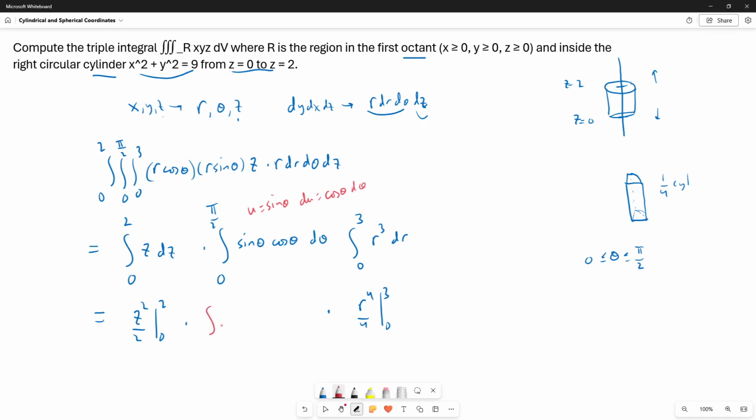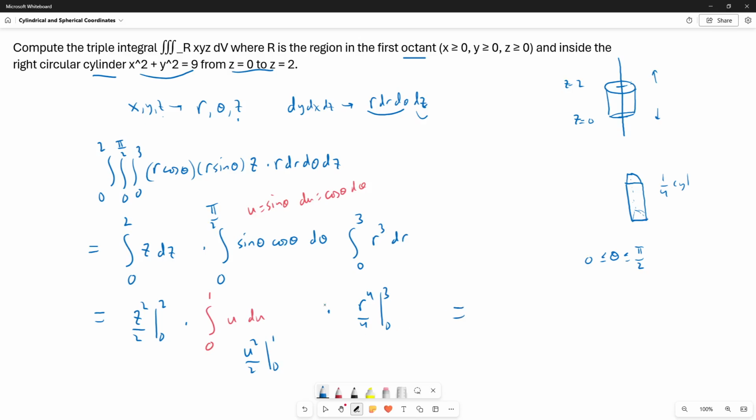So this one will turn into the integral of u du. When theta is 0, u is the sine of 0, which is 0, and when theta is pi over 2, u is the sine of pi over 2, which is 1. And so this integral turns into u squared over 2 from 0 to 1.